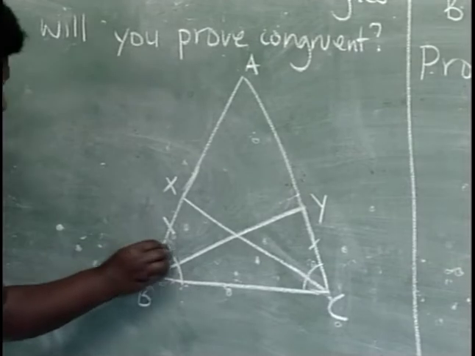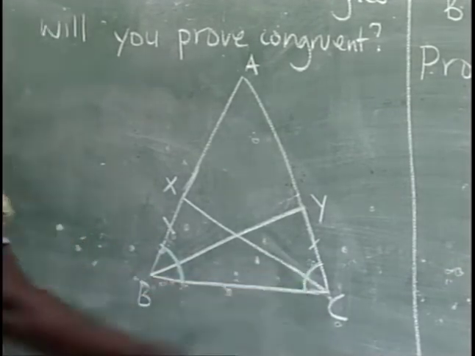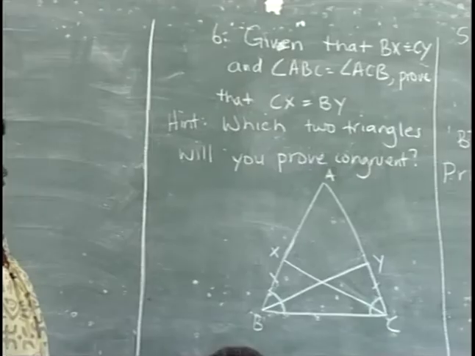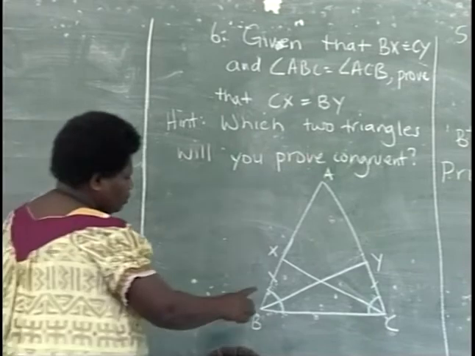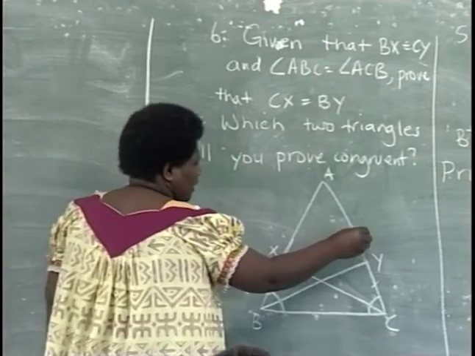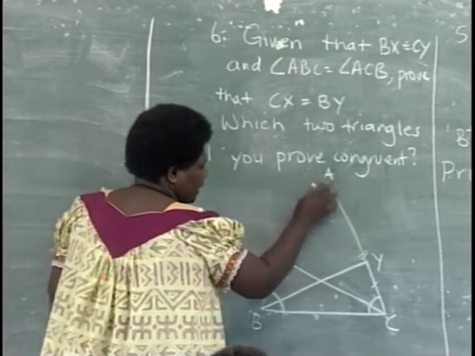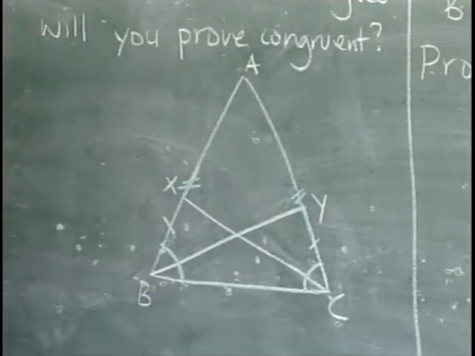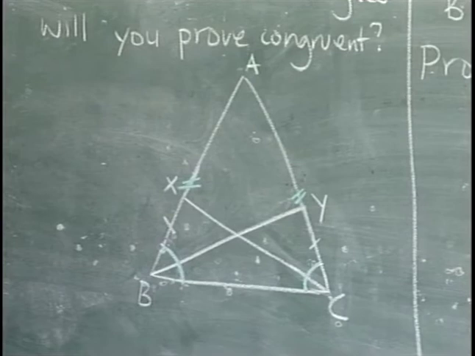Which means if they are equal, then the triangle is an isosceles triangle. That is only true if the triangle is isosceles. All right, if these two are equal, then AC is equal to AB. So I'll just put those two to say that they are equal now.